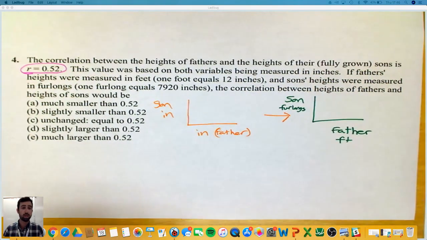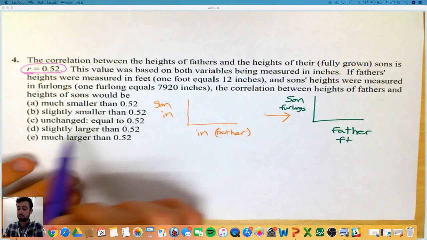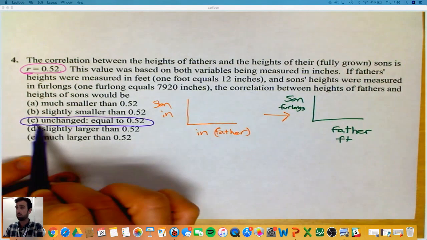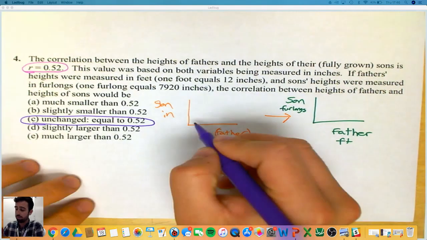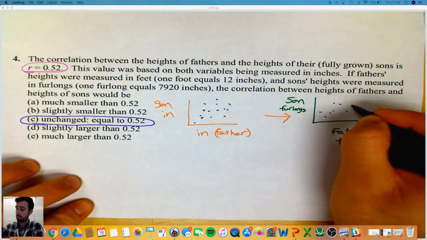So this is getting to one of the main things about correlation: it doesn't matter if you change the units, the correlation is going to stay the same. So we would still have the same correlation. Doesn't matter on the unit.